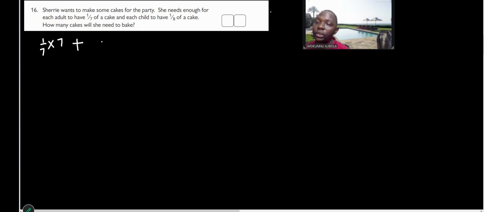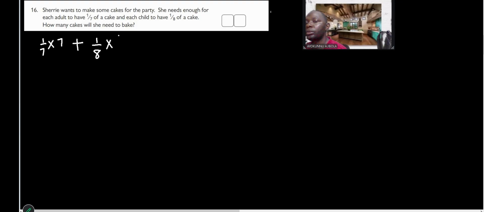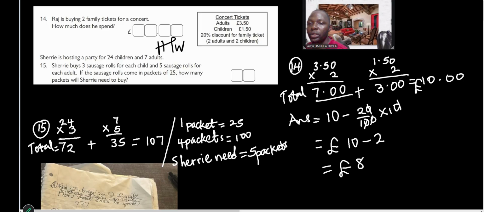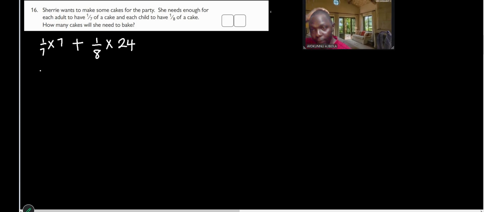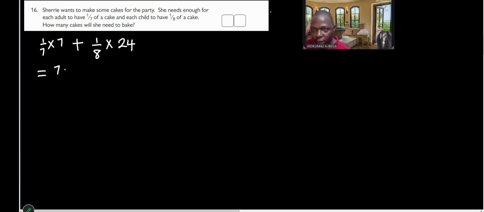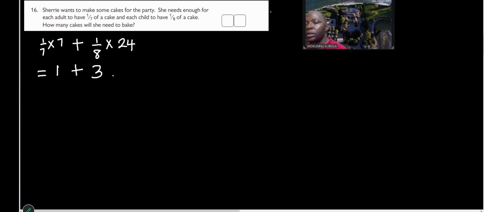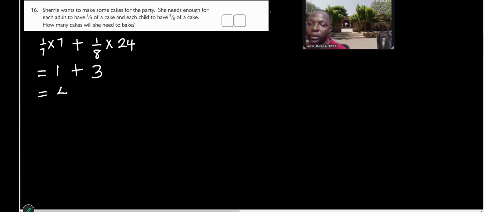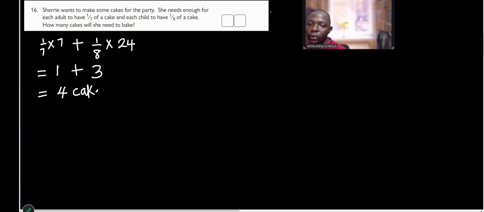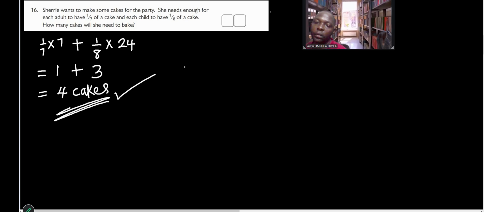And there are how many children? Is it 24? So 1/7 times 7, that is 1 cake for all the adults. Then 1/8 times 24. 24 divided by 8 is 3. So that's 3 cakes. So she needs a total of what? 4 cakes. You understand it?